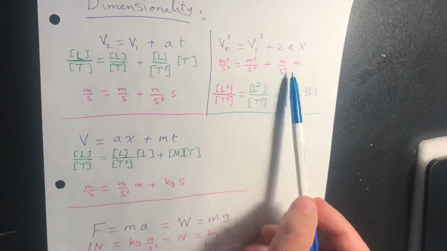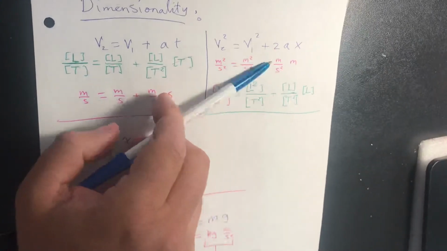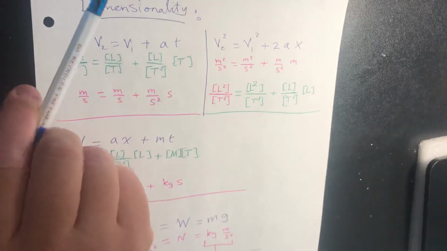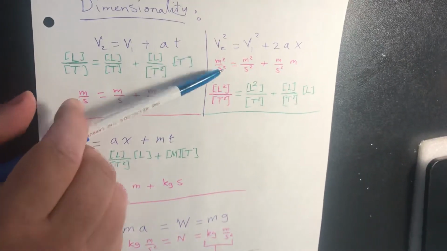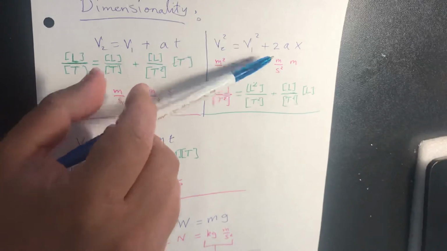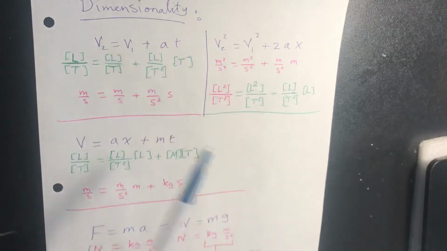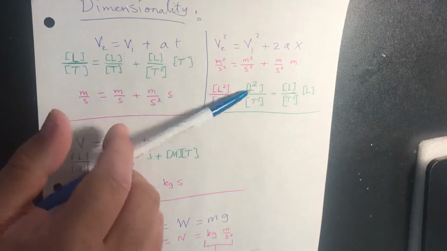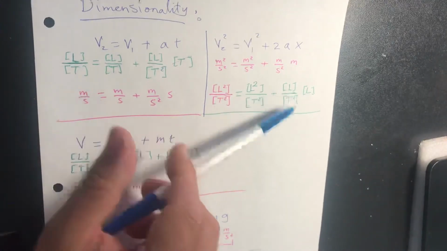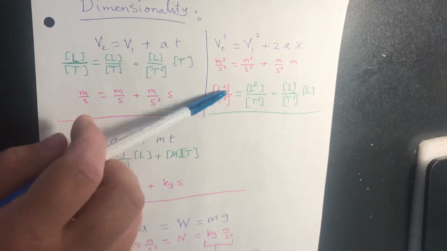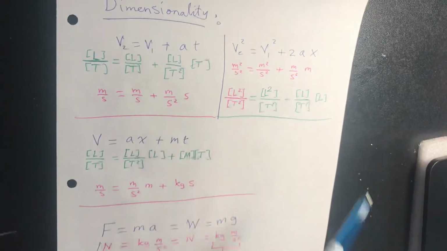The acceleration is meter per square second. X is meter. Then meter squared over second squared plus meter squared over second squared, then it is correct. And if we deal with the dimensions, the kind of this variable, it is length over time squared. All of them are the same also.